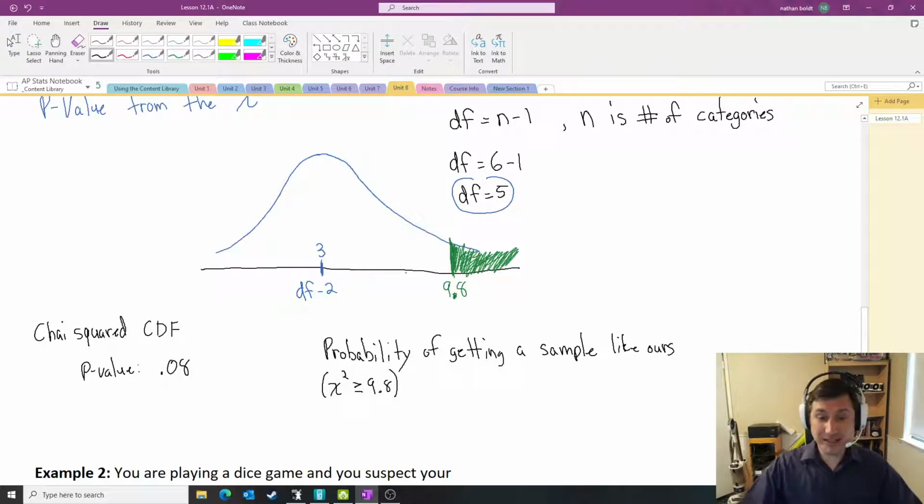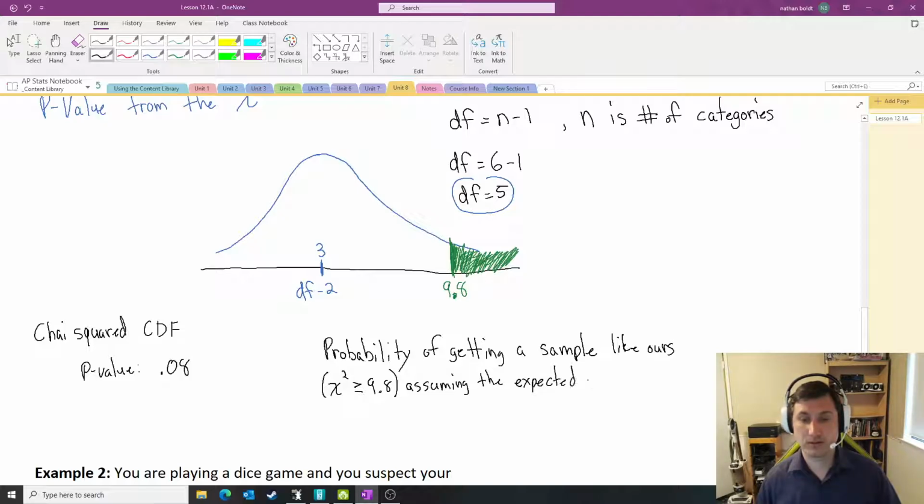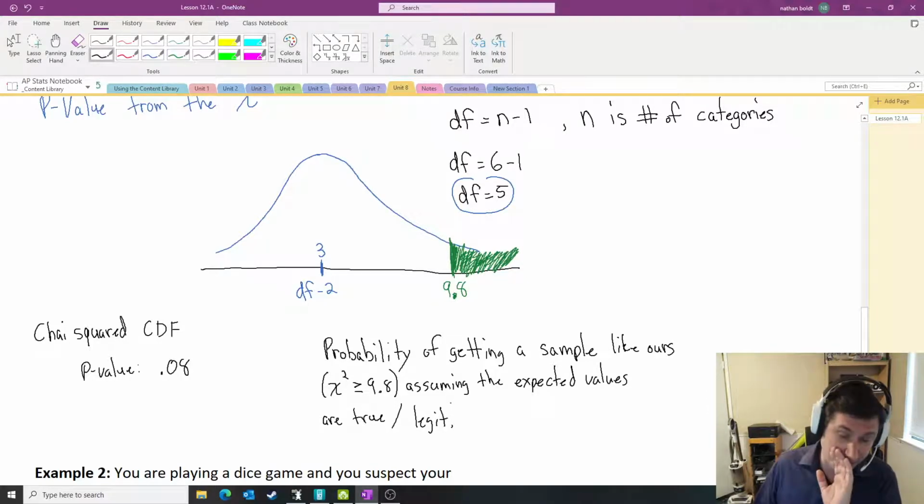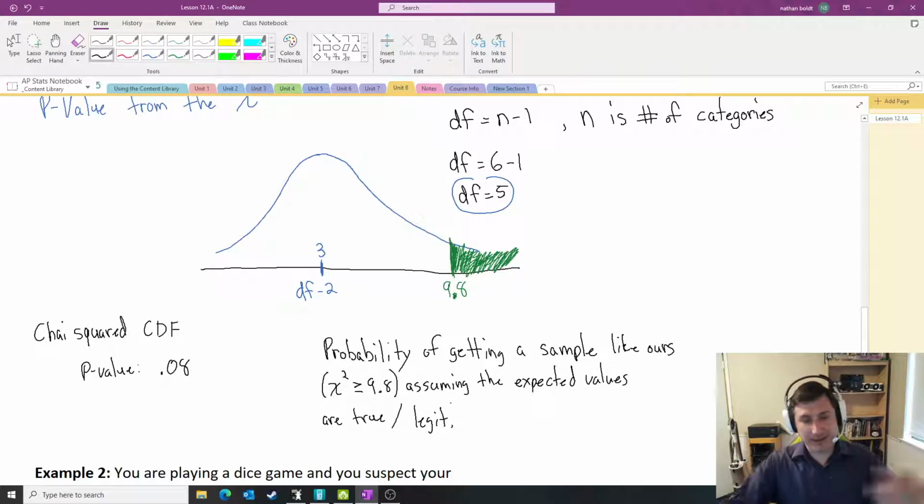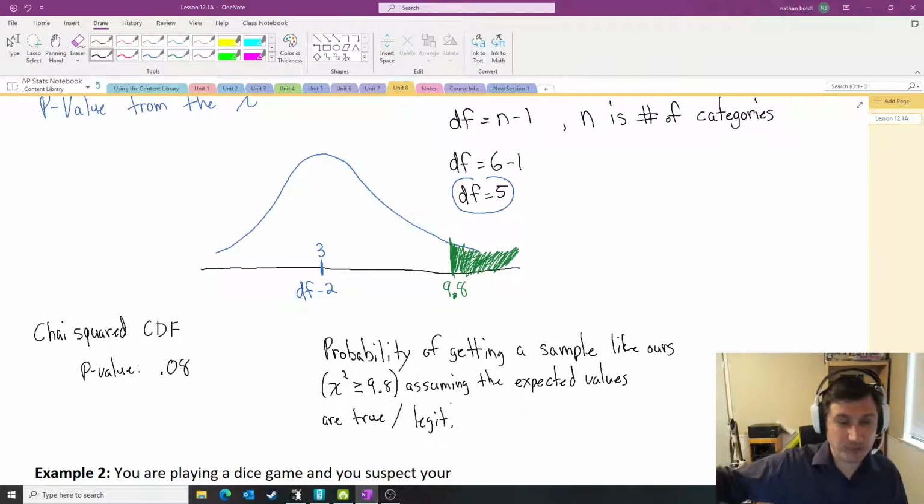The probability of getting a sample like ours, assuming the expected values are true or legit, aka the null hypothesis is true, but we'll get to that when we actually start doing the full problem.